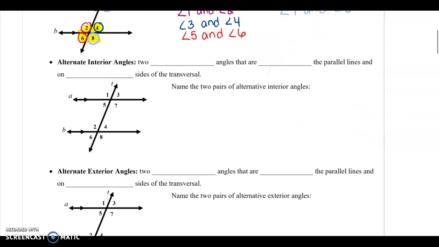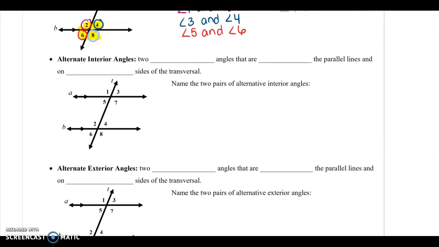Then we're going to talk about the words interior and exterior. If I make a little bit of a house here, you've got an interior part of your house, the inside of your house. So we're talking about angles 5, 7 and 2, 4 when we talk about alternate interior angles.